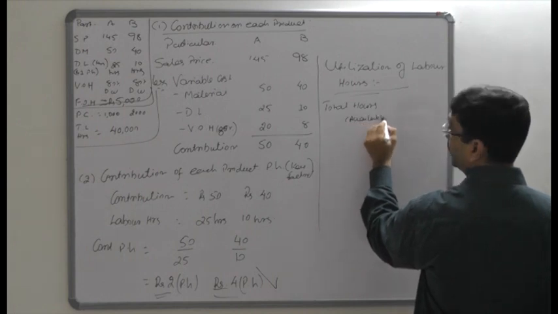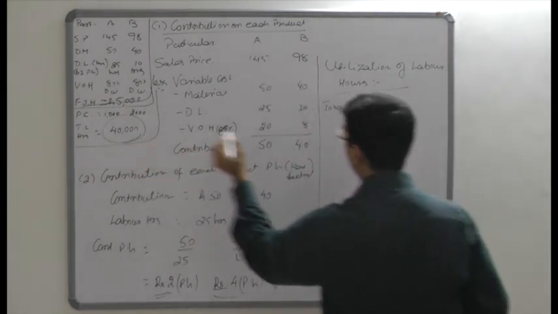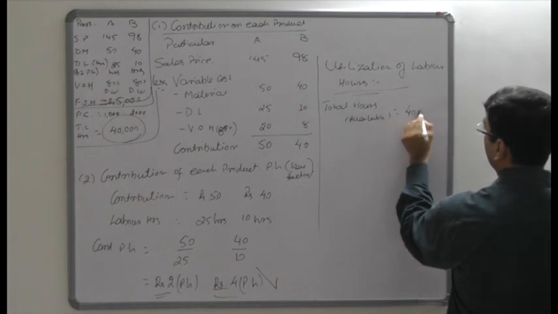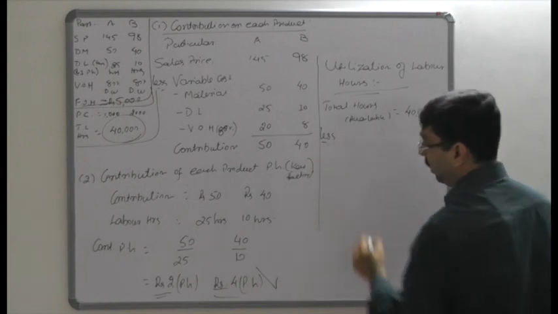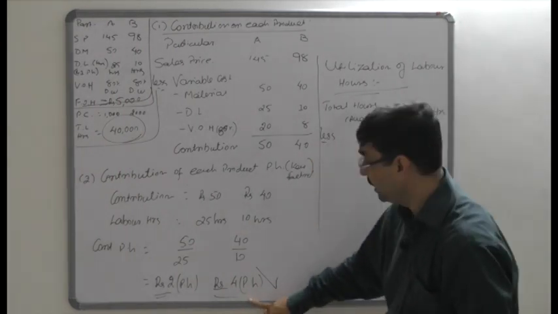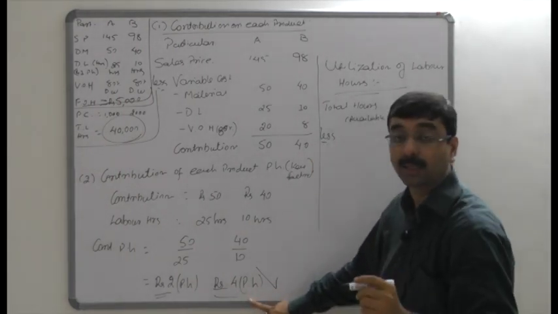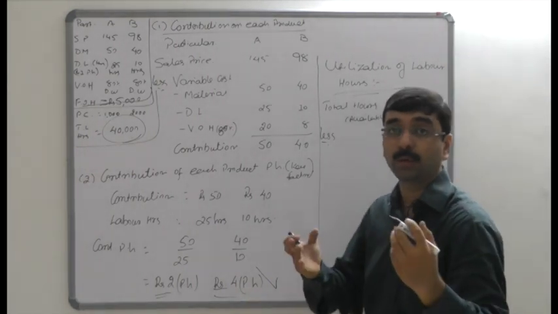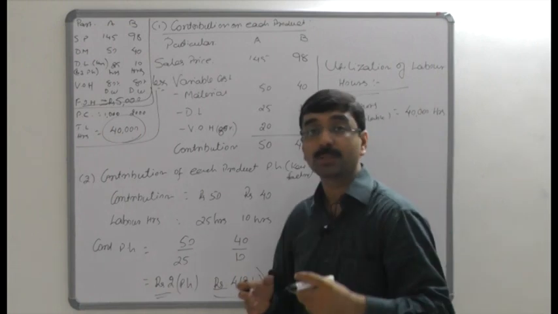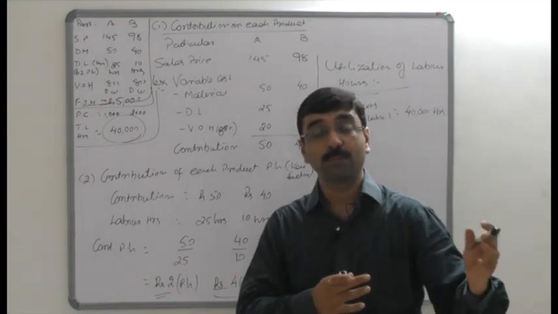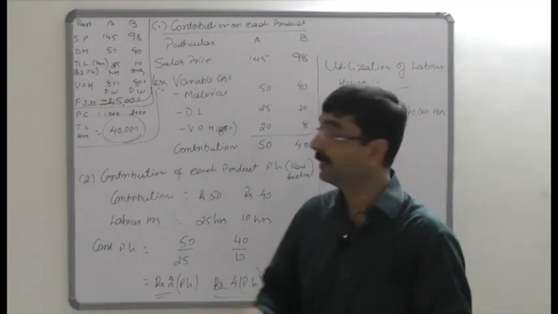Total hours available is, how many hours available? 40,000. So 40,000 hours available. Which contribution is higher? Product B's contribution is higher. In this regard, we will manufacture all the units of product B, because product B's contribution is higher. So if you manufacture product B to the maximum, you would get more profit.